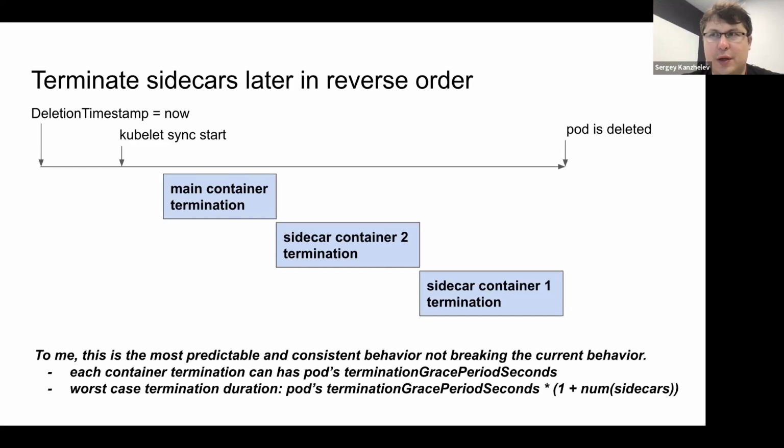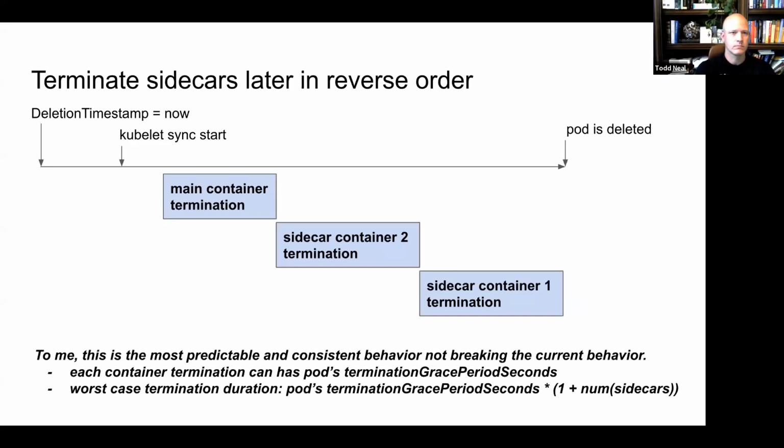I'm not suggesting that. I'm just suggesting to keep the current logic of deleting everything at the same time as we do now. The only difference is that sidecars will receive a SIGTERM when all the main containers are completed, even if they're still running the pre-stop hook. But then how can you calculate the deadline for the sidecar?